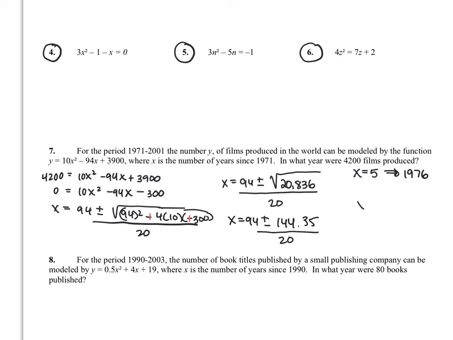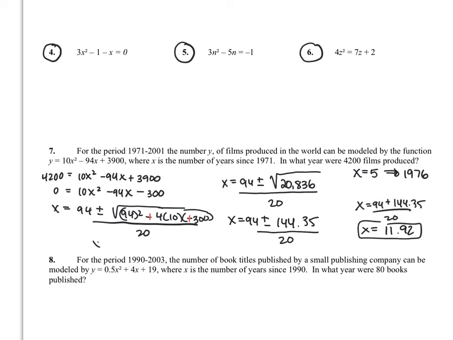So now to get my two roots, I'm going to do 94 plus 144.35 divided by 20. And I'm going to do that on my calculator. And that got me 11.92.